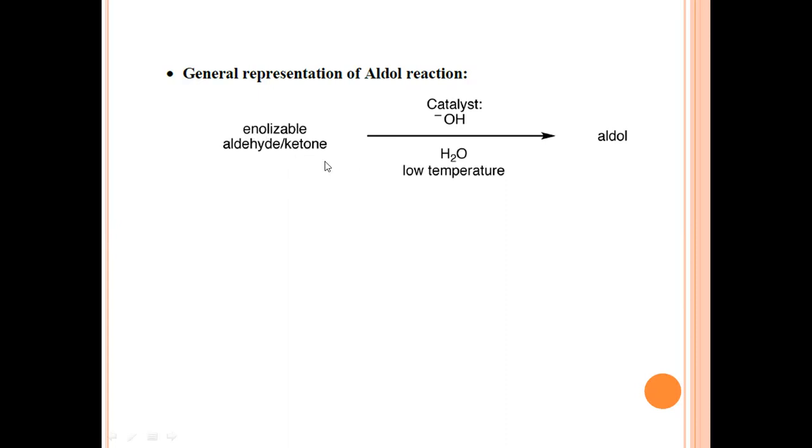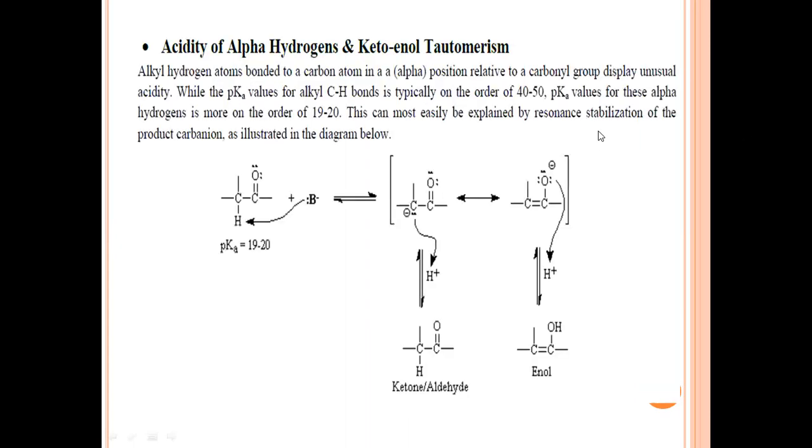So the first basic requirement for aldol condensation is an alpha hydrogen containing aldehyde or ketone in the presence of base and water molecule at room temperature. They are going to form the aldol product.